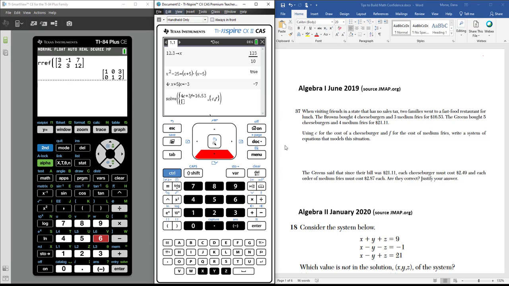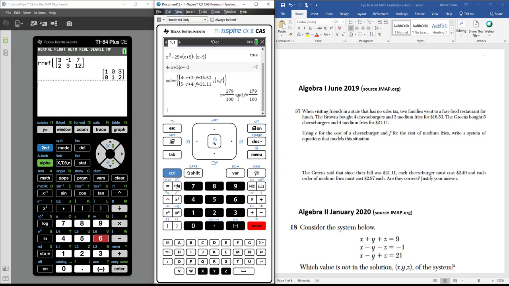And for the greens, 5C plus 4F equals a total of $21.11. See, and then you can approximate them. So $2.79, $1.79.